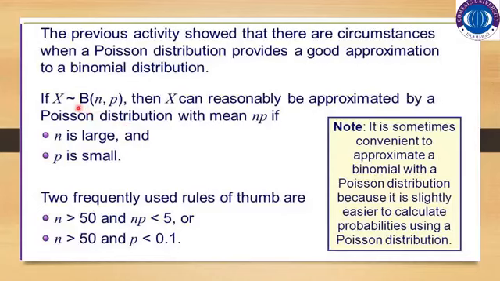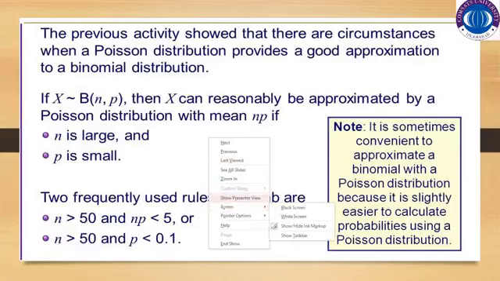So, if x is binomial with parameters n and p, then it can reasonably be approximated by a Poisson distribution with mean np if n is large and p is small. This np is equal to mu, which is the mean of the binomial distribution.